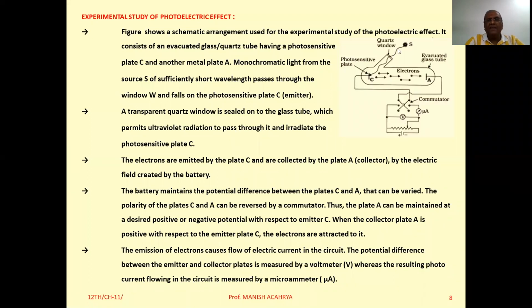And now, by changing the intensity of the incident radiation, you can repeat the experiment. Similarly, by changing the frequency of the incident radiation, you can repeat the experiment. Okay?